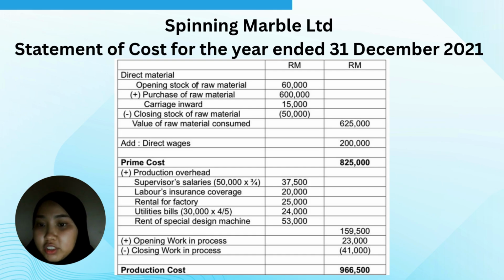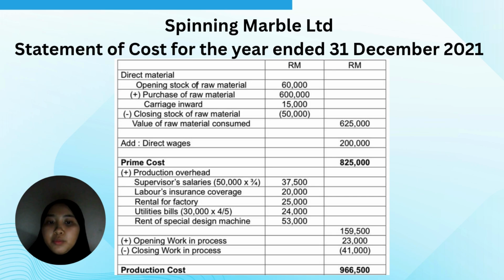Next, we have work in process in the question. So we should put opening and closing after production overhead. So plus opening work in process 23,000 and minus closing work in process 41,000.